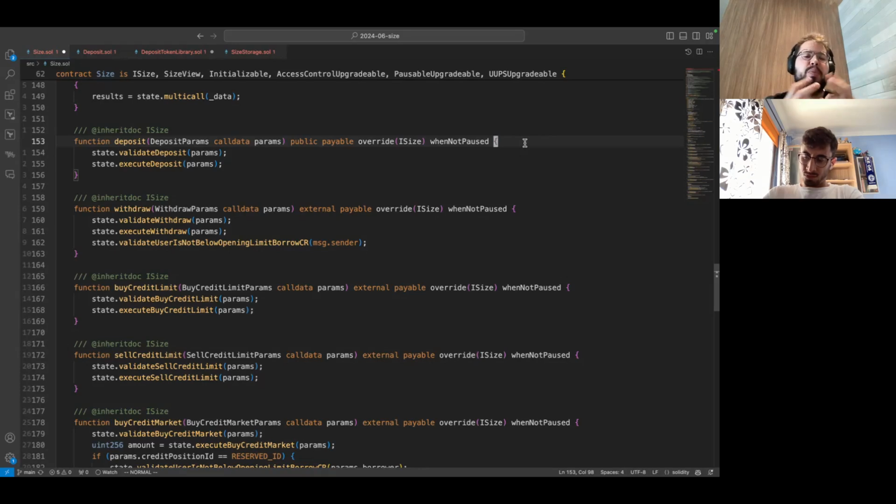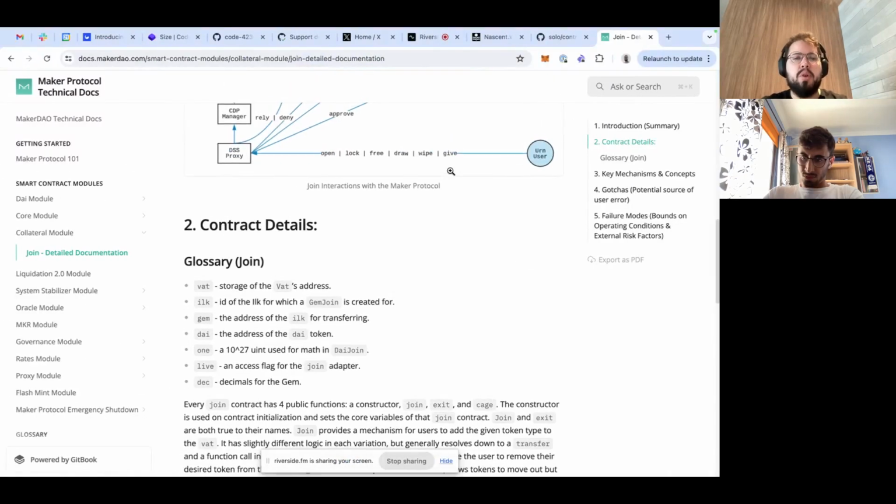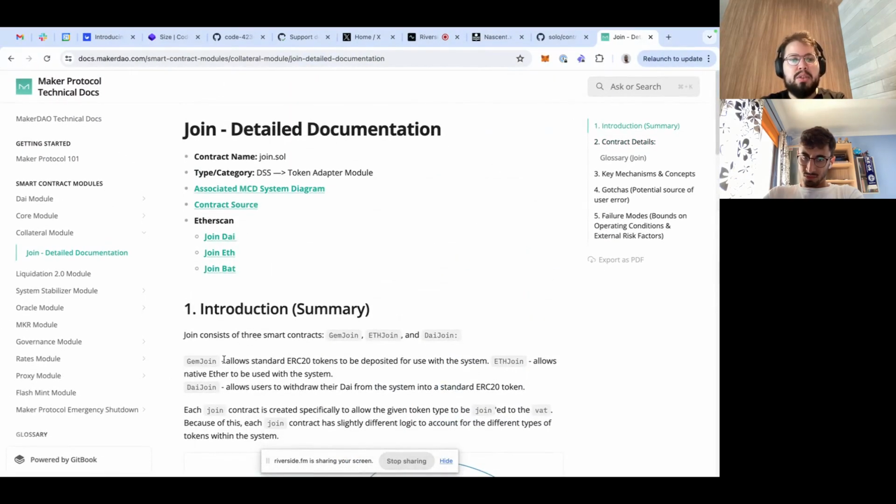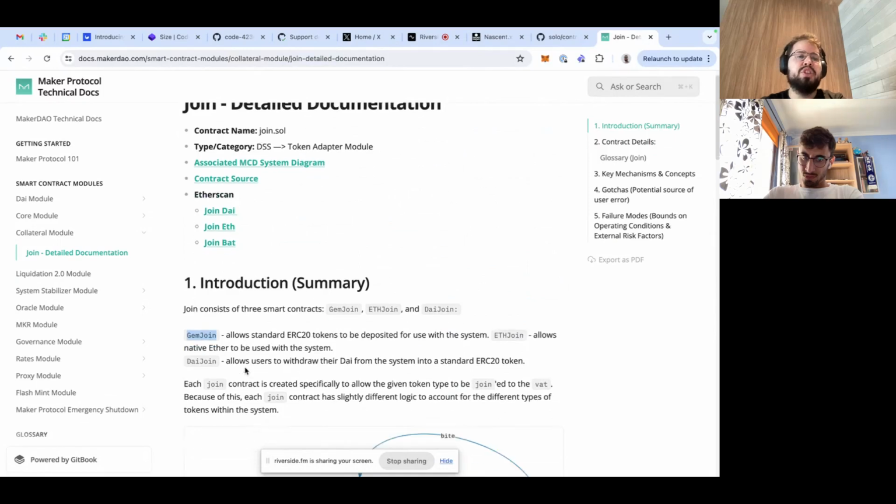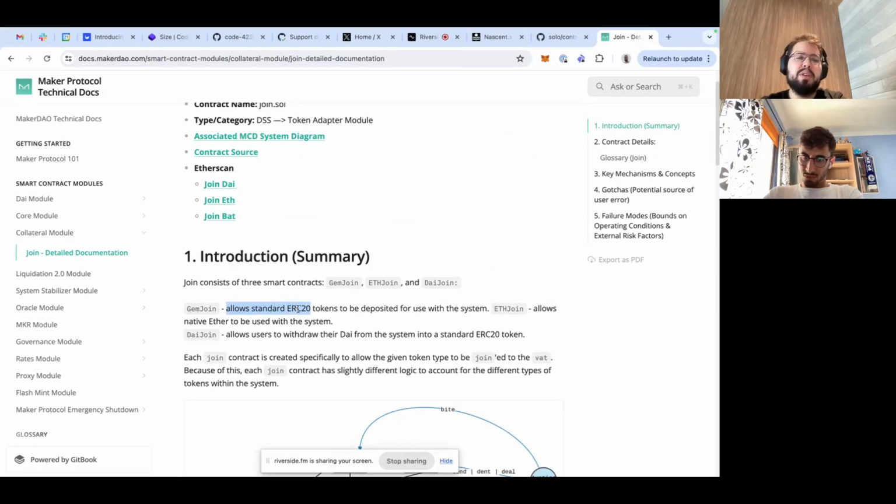In my opinion, and there are some protocols that do that. So for example, MakerDAO, they have this idea, they call it join. So they have gem join, which basically is a deposit for ERC20. They have ETH join, which is when they give you a tokenized version of raw Ether deposits, and then they have other join functions.